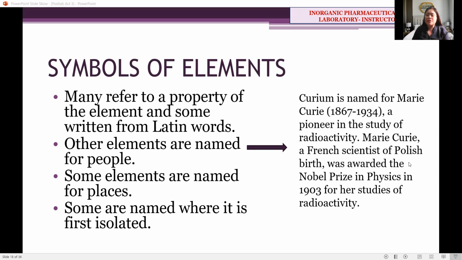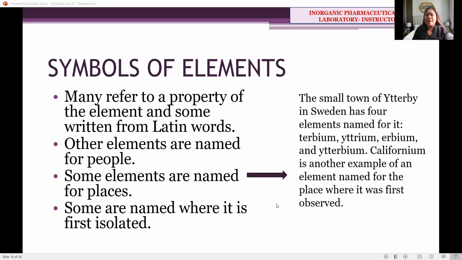So diha pod usahay gikan ang ilahang pangalan. Next, there are also elements that are named for places. So gikan sa mga places, pwede diin sila na-discover. That is why ipangalan sila sa place kung asa sila na-discover. So to give you an example, we have here the small town of Ytterby. That's a small town in Sweden.